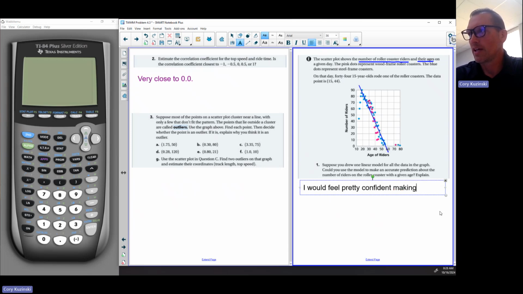Making a prediction about the number of riders on this coaster for a given age, because the points are very close to the model.